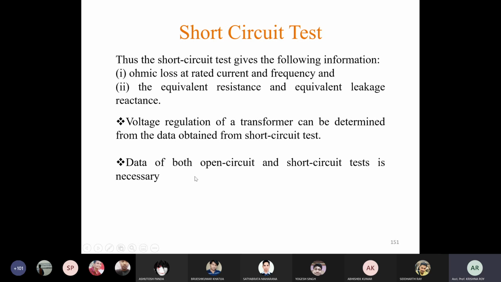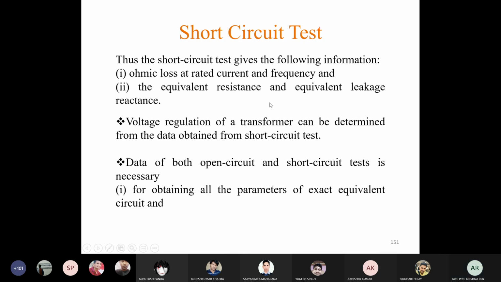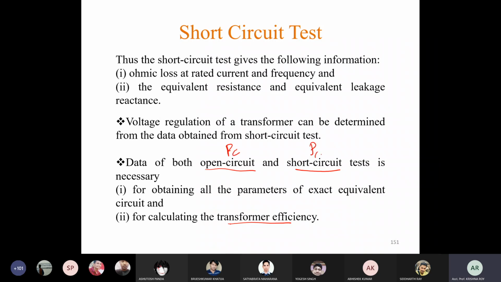Data of both open circuit and short circuit tests is necessary to calculate the efficiency of the transformer as well as the parameters of the equivalent circuit. While calculating the equivalent circuit parameters, we require both open circuit test and short circuit test data, and for calculating transformer efficiency also we require both, because from the open circuit test we get the core loss, and from the short circuit test we get the copper loss.